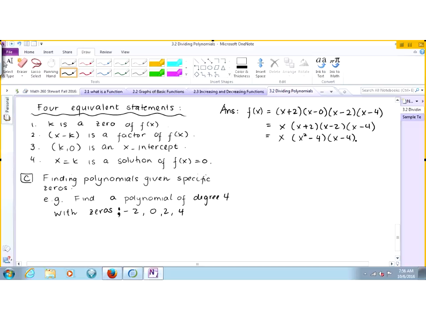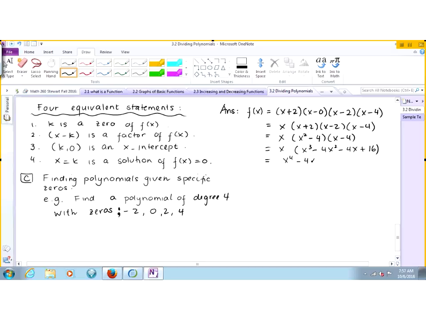Okay, good. So multiply them all. Let's do (x squared minus 4) times (x minus 4). What is this? Yes, x cubed minus 4x squared minus 4x plus 16. And then we just have to multiply by x.